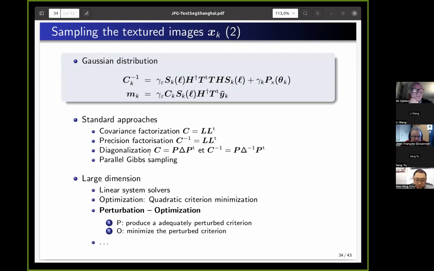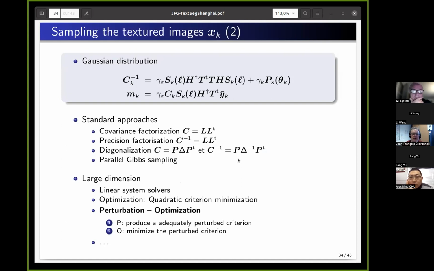Then, since the covariance has no stationarity, no circulant structure, it is not easy to use this possibility. For circulant matrices, for example, it is easy to produce a factorization, a diagonalization in the Fourier domain. It is not possible here. So we resort, in fact, to something that is similar to that. Maybe we can have an idea that sampling a Gaussian is something equivalent to filtering a white noise.